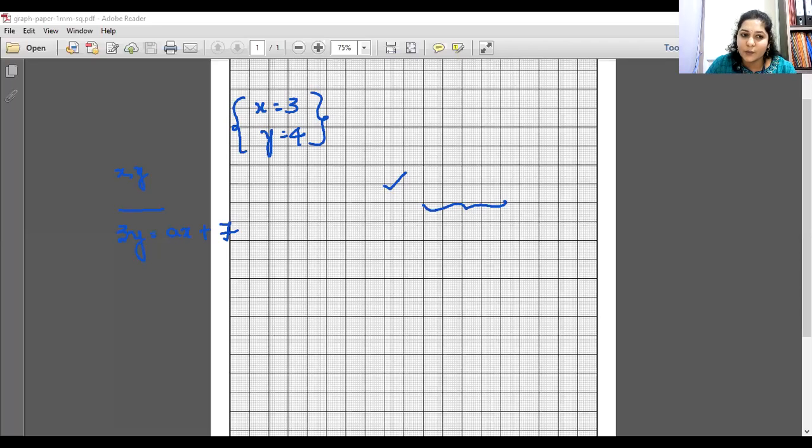So as Atul said, just substitute the values. The value of a we don't know because that is in question, so you have to keep it as it is. Just solve this. So this will be 12 is equal to 3a plus 7. So what is 3a equal to? 5. What is a equal to? 5 over 3. Correct or not? This is your solution.